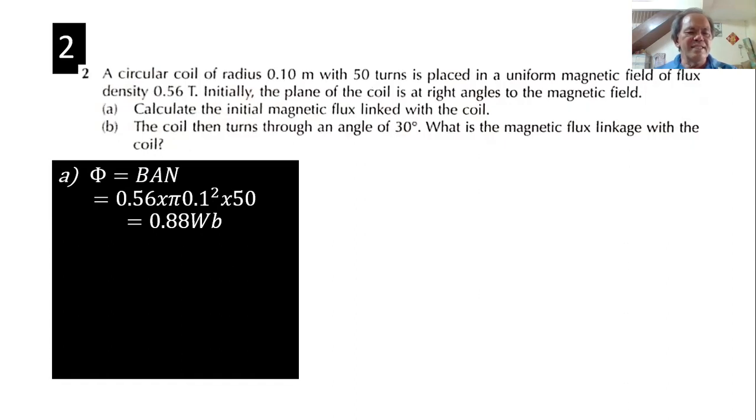The coil then turns through an angle of 30 degrees. What is the magnetic flux linkage with the coil? Okay, how to calculate?